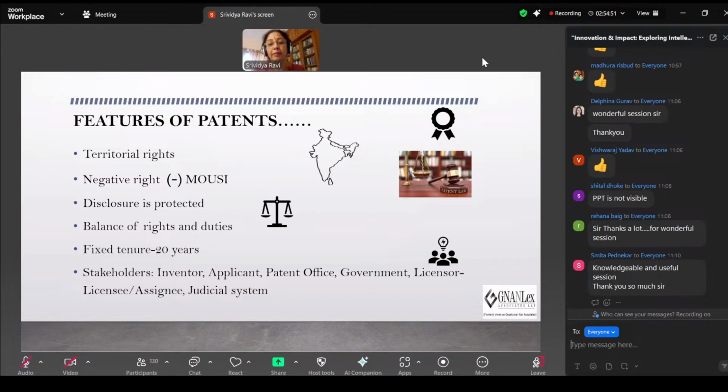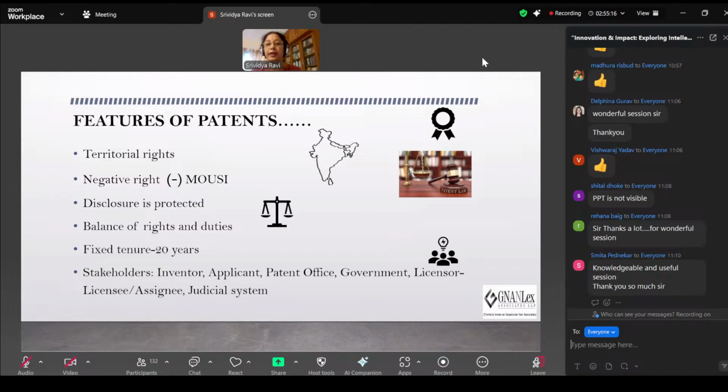However, if you're in an academic setup or a research institution, then there can be a different arrangement. They may say that you can apply, but the rights have to be transferred to the research organization. Or they say the institute will apply, but when commercialization occurs, you will get 40% of the share of the profits. So there will be some such arrangement.